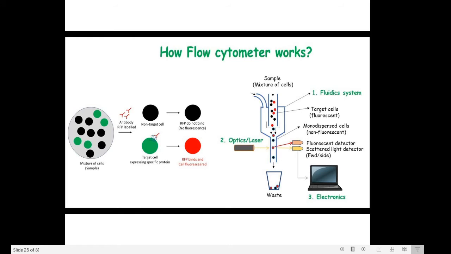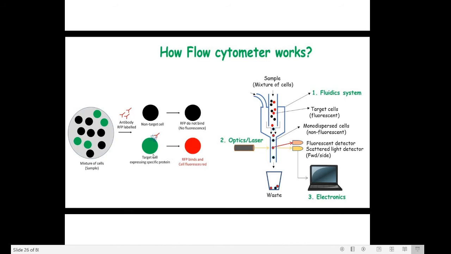Okay, what did they do? First, we want to understand the colors in this image. First, we have a mixture of cells. We add the antibody. If there is a non-target cell, an unwanted cell, it is shown as the black color.